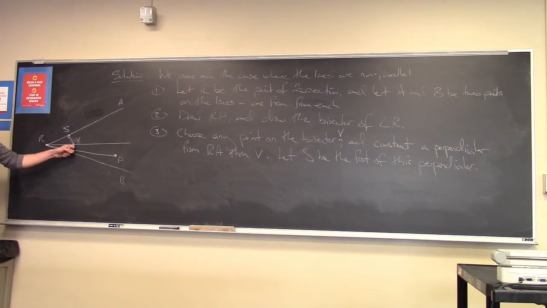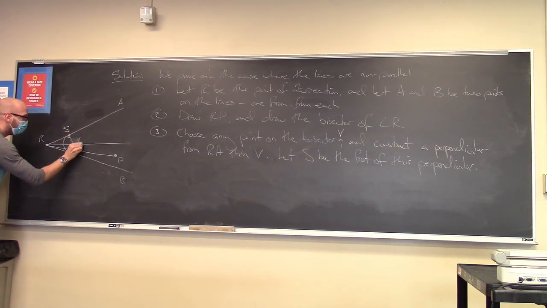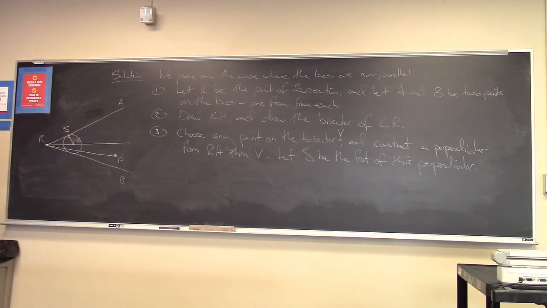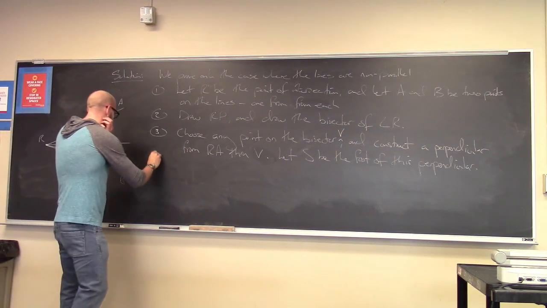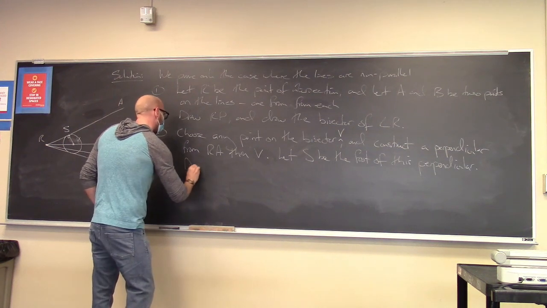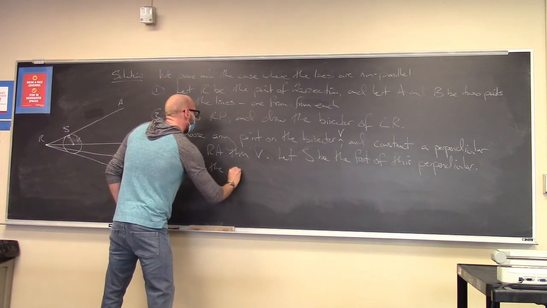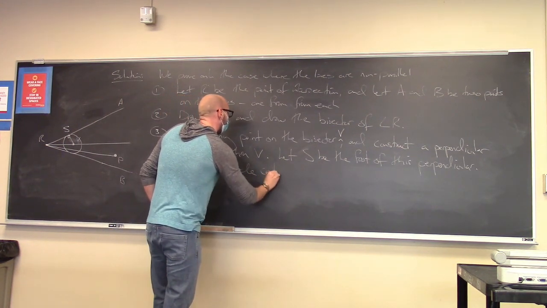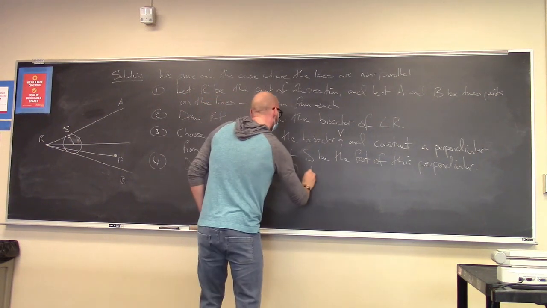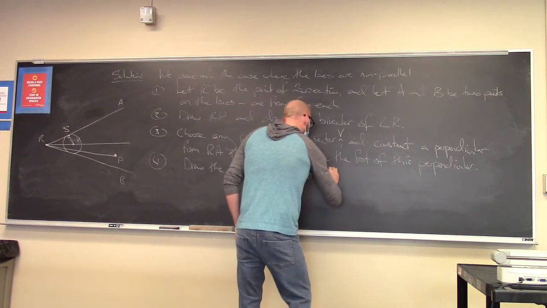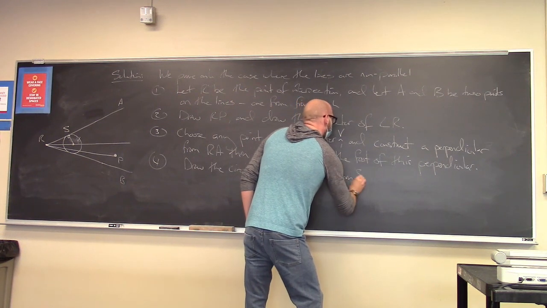Well, V is on the angle bisector. So V is equidistant from RA and RB. So if I draw the circle centered at V through S, that's going to be tangent to both of the original lines. Right? So now, draw the circle centered at V through S.